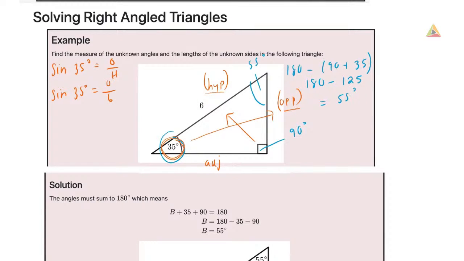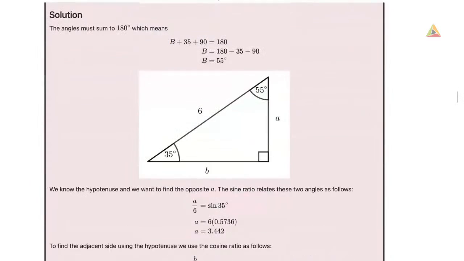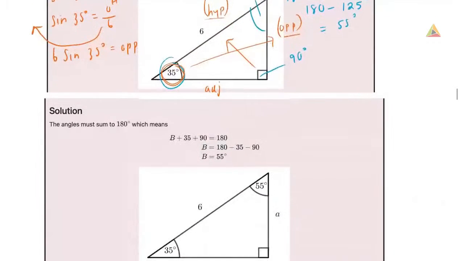So we bring the 6 over, so it's 6 sine 35 degrees equal to the opposite. Putting 6 sine 35 into the calculator gives 3.442. So the length of the opposite side is 3.442.